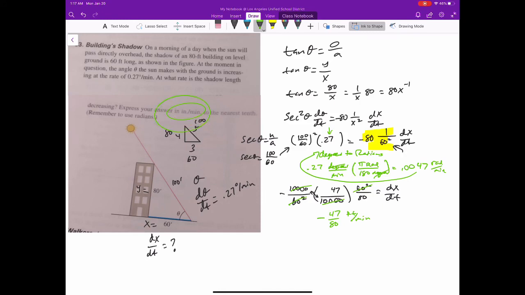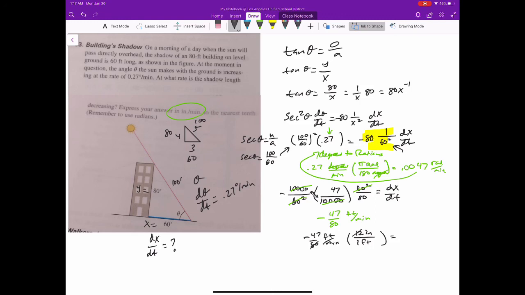See that? So we're going to multiply our negative 47 over 80 feet per minute by the conversion of 12 inches for every 1 foot. So multiply that by 12. You can reduce if you want some more.